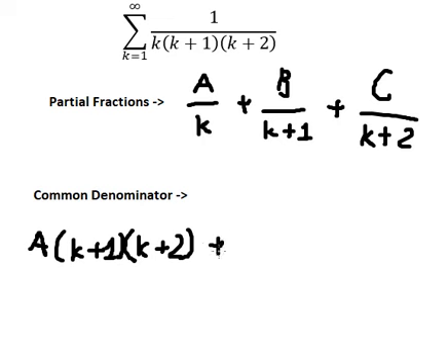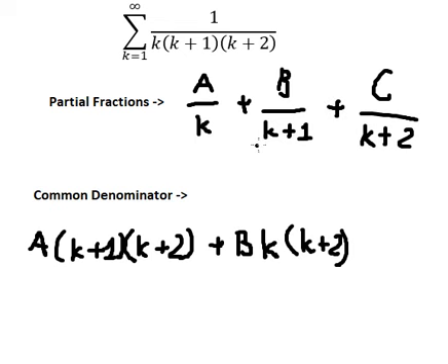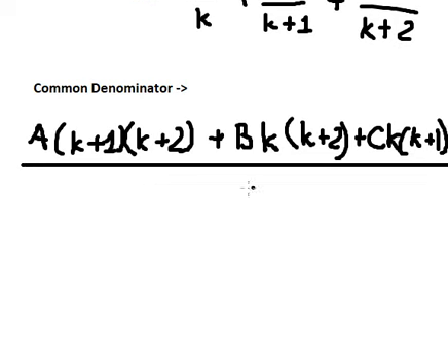So capital B multiplied by k and k plus 2. This one is missing k and k plus 1. So C multiplied by k and k plus 1. All over k plus 1, k plus 2.